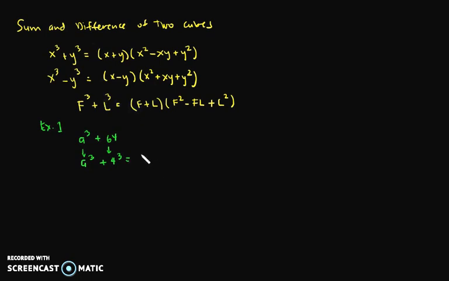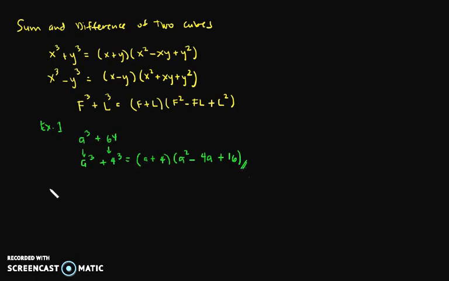That would become the first quantity, that is a, plus the last quantity, that is 4, multiplied by the square of the first, that is a squared, minus the product of the first and last, that is 4a, plus the square of the last quantity, that is 16. So therefore, this is the factor of a cubed plus 64.